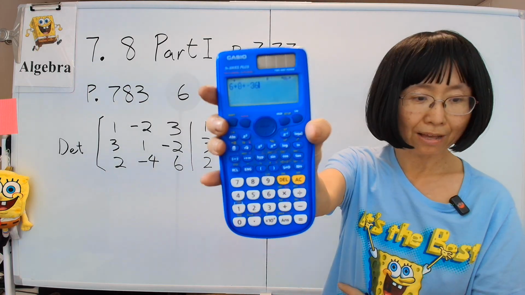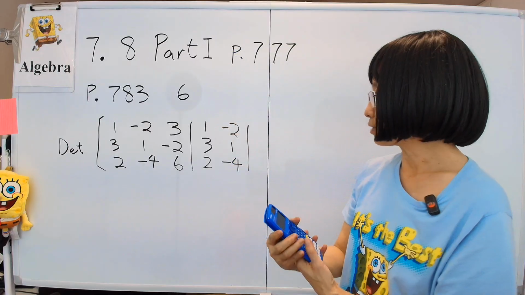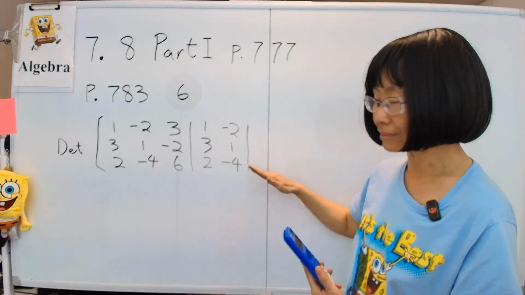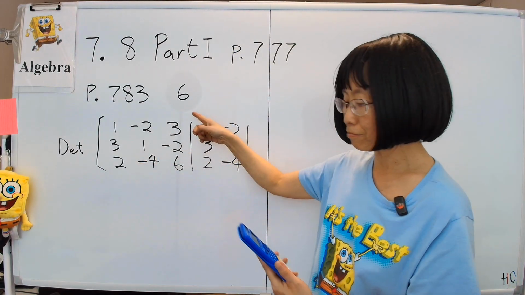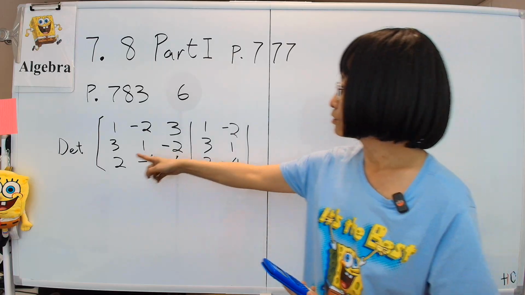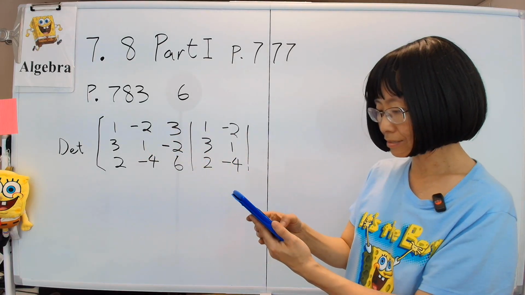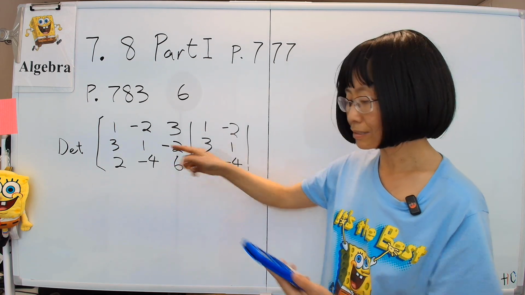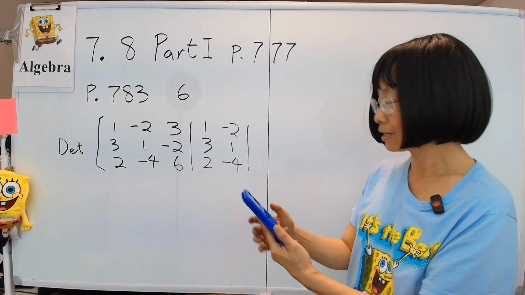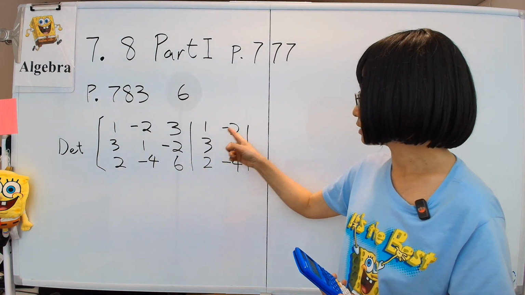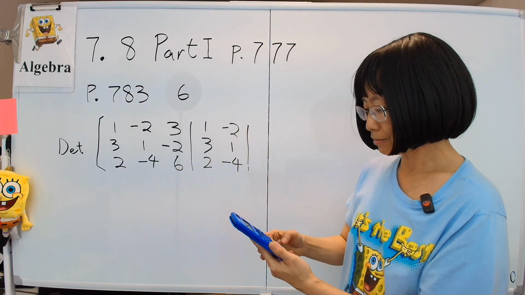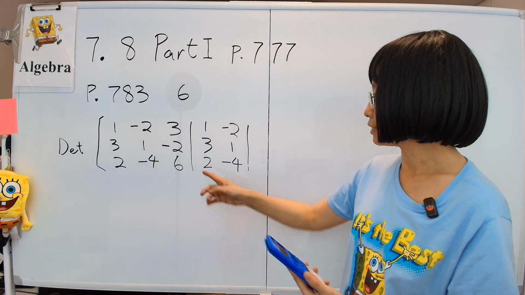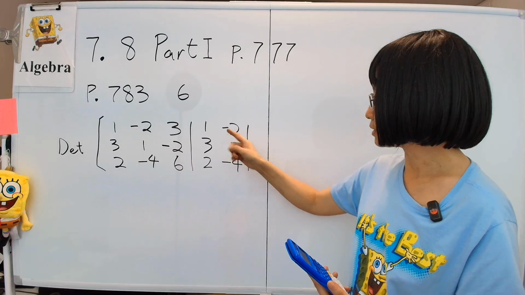So that's what I have so far. That's all the going down diagonals. Now we're going to subtract our way up. Minus 2 times 1 times 3, that's 6. Next, minus 4 times minus 2 times 1, that's positive 8. So minus 8. And lastly, minus 6 times 3 times negative 2.